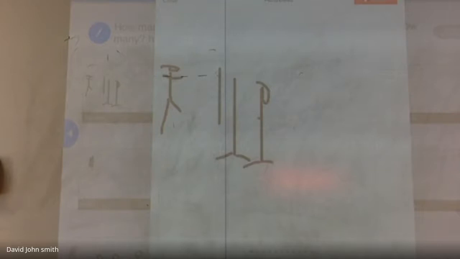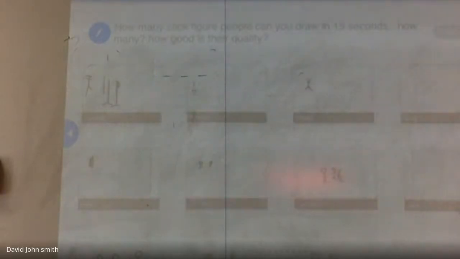Irina, you got 2 and 1 that looks like, yeah, 2.5, maybe almost 3. So 3 seems to be the most we can get done in 15 seconds. Abu, you got a couple of bodies. Close there. Very good. Well done, team.